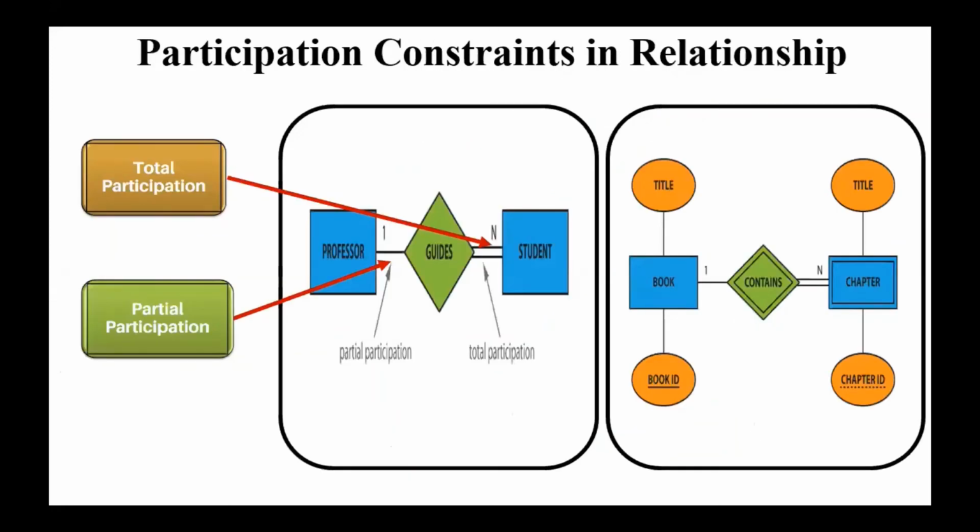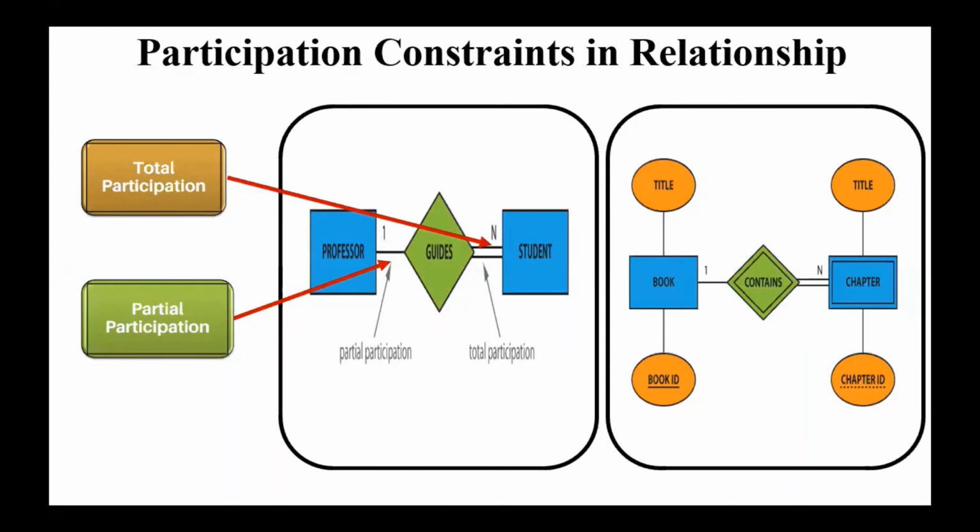Next comes the participation constraint in your relationship. These are the symbols which you have to show. Participation constraint means, suppose there are 50 students in your class. Will all 50 students participate in the sports committee? No. Such a type of participation is known as partial participation.